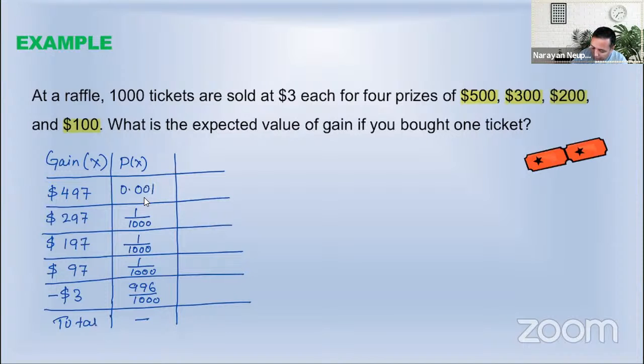So this one will also be 0.001. This one will also be 0.001. Because normally we write probability as a number between 0 and 1. That's why I'm changing it to decimal. And the last one, 996 divided by 1,000 is 0.996.